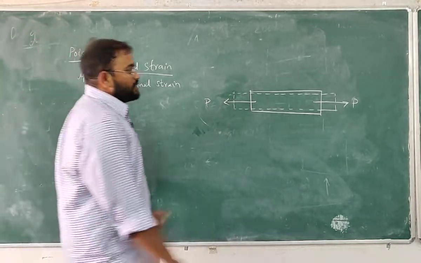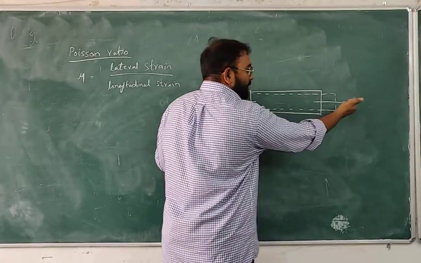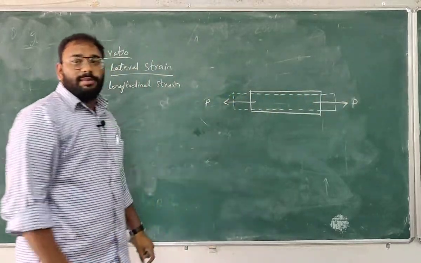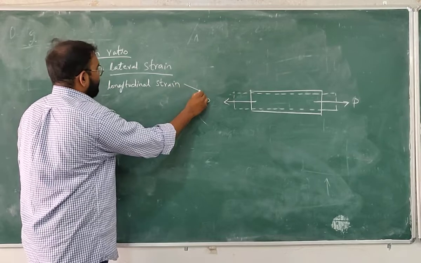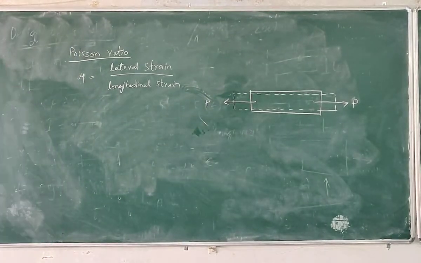When loads are applied or when axial tension is applied such that the body is elongated about the axis of the member, it is called longitudinal strain. So write down the definition for this one.